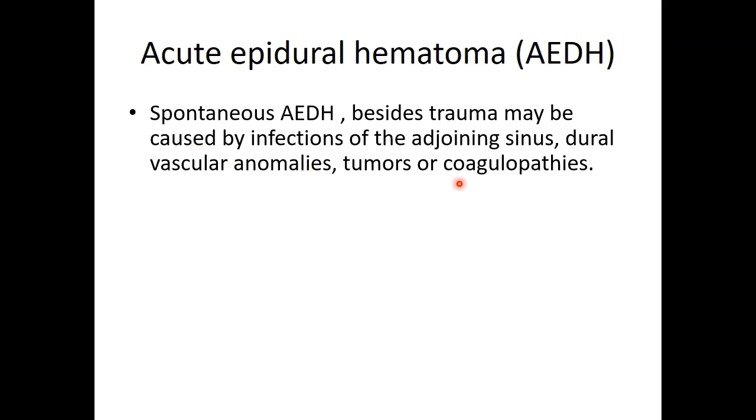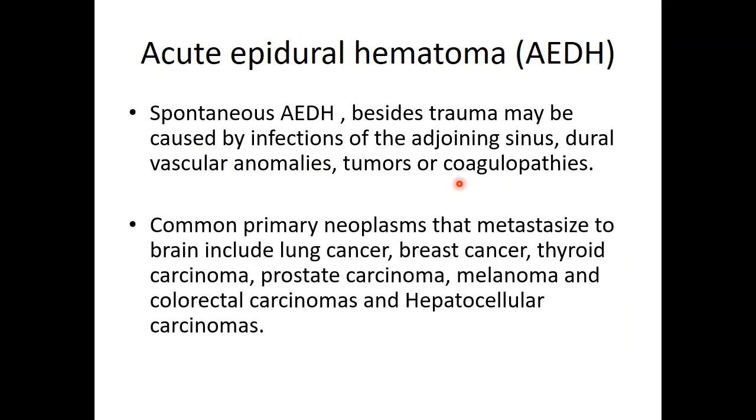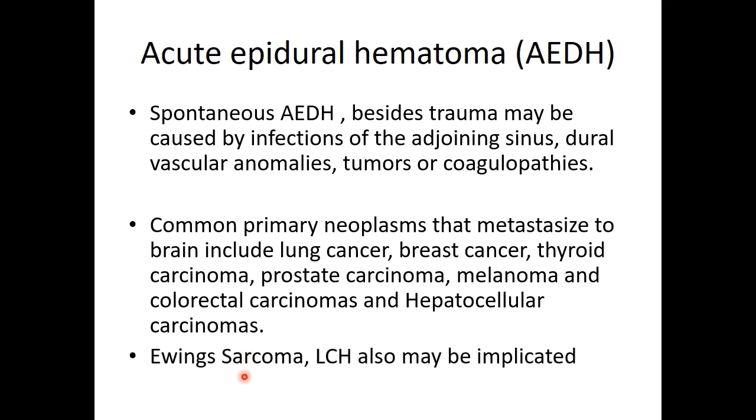tumors, or coagulopathies, right? So there are some common primary neoplasms as well that metastasize to the brain, including lung cancer, breast cancer, thyroid carcinomas, prostatic carcinomas, melanomas, colorectal carcinomas, and hepatocellular carcinomas. Ewing sarcoma and Langerhans cell histiocytosis have also been implicated in acute epidural hematomas.